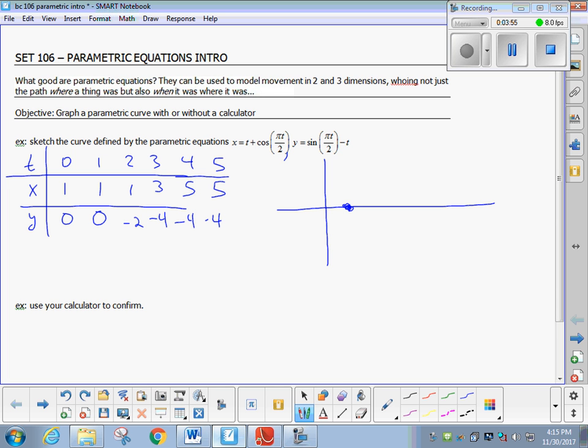Right now I'm just getting general points. At 1 second, it's right back at that point. At 2 seconds, it's at 1, negative 2. At 3 seconds, it's at 3, negative 4. At 4 seconds, 5, negative 4. And again at 5, negative 4.